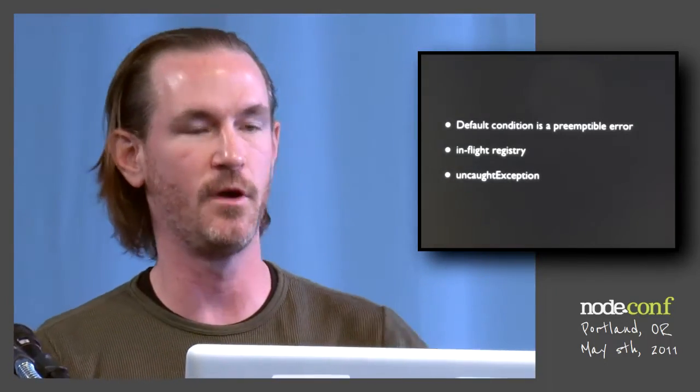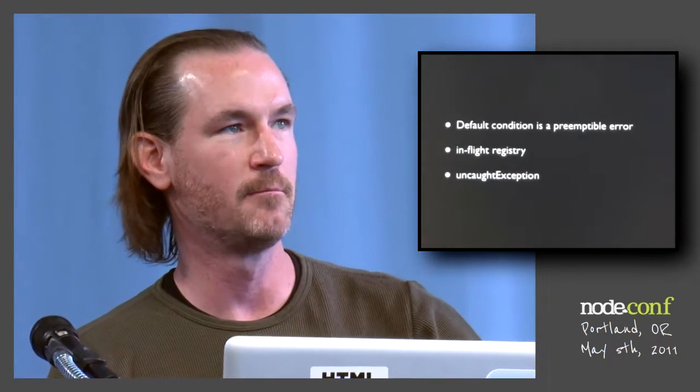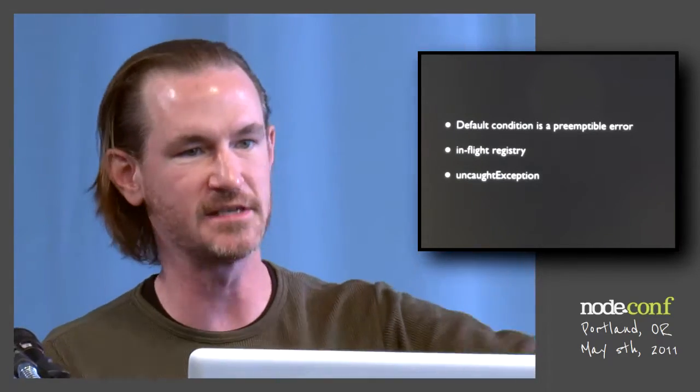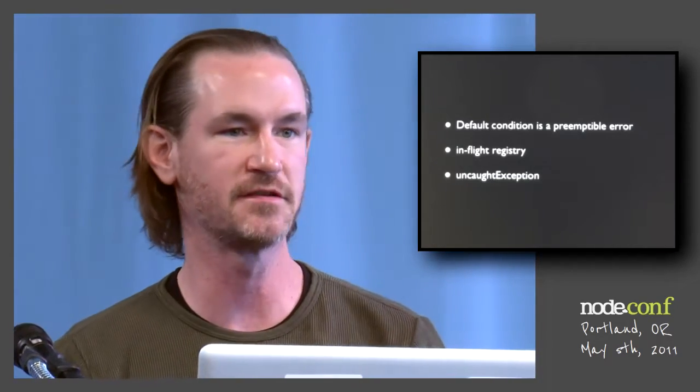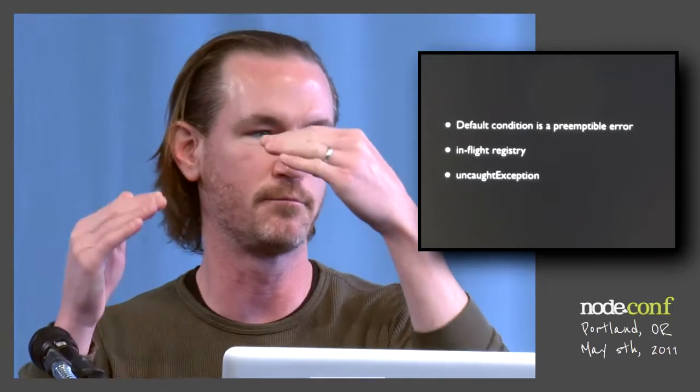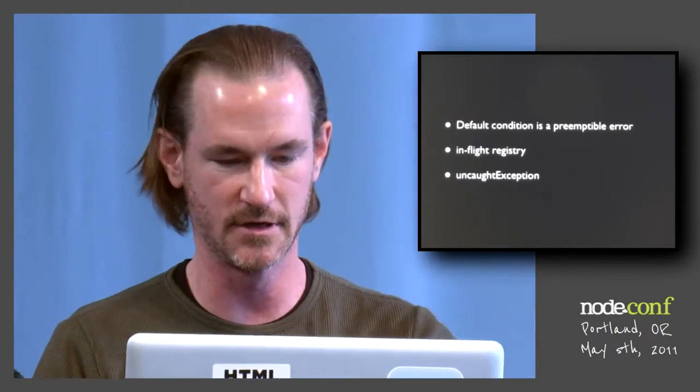We make an entry, basically a timestamp saying when this should be done. And we have a process watcher that pokes through this list every couple of seconds to see what's overdue. And if something's overdue, then we perform whatever the default error handling code is.